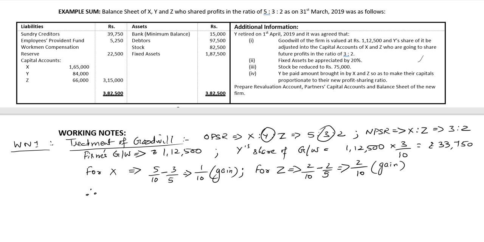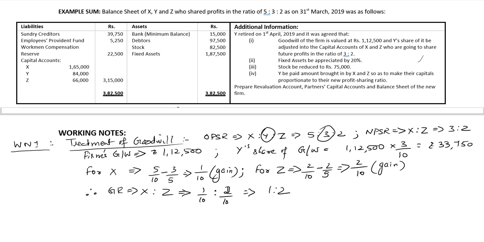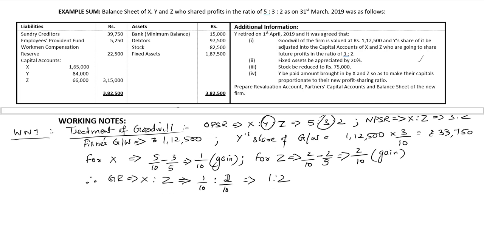Hence the gaining ratio between partner X and partner Z is 1 by 10 is to 2 by 10, or 1 is to 2. So let's pass the journal entries. We'll debit the gaining partners. X capital account debit.